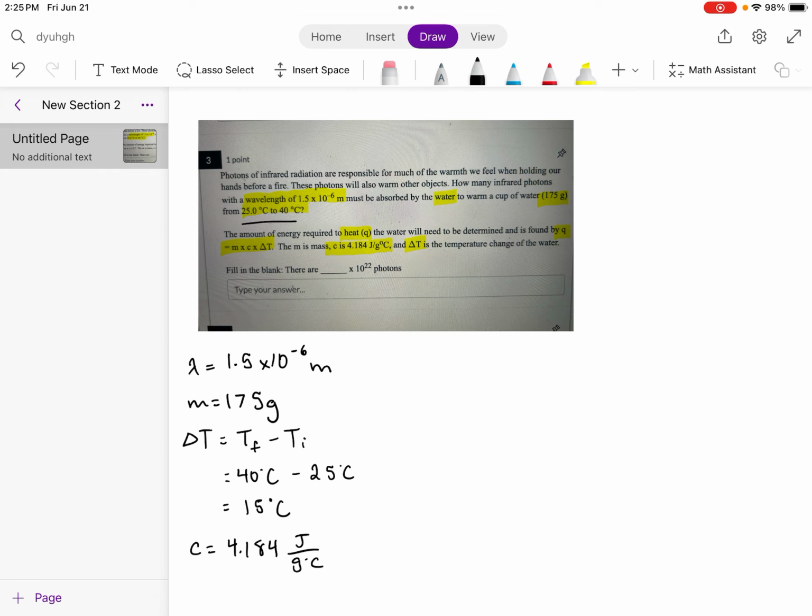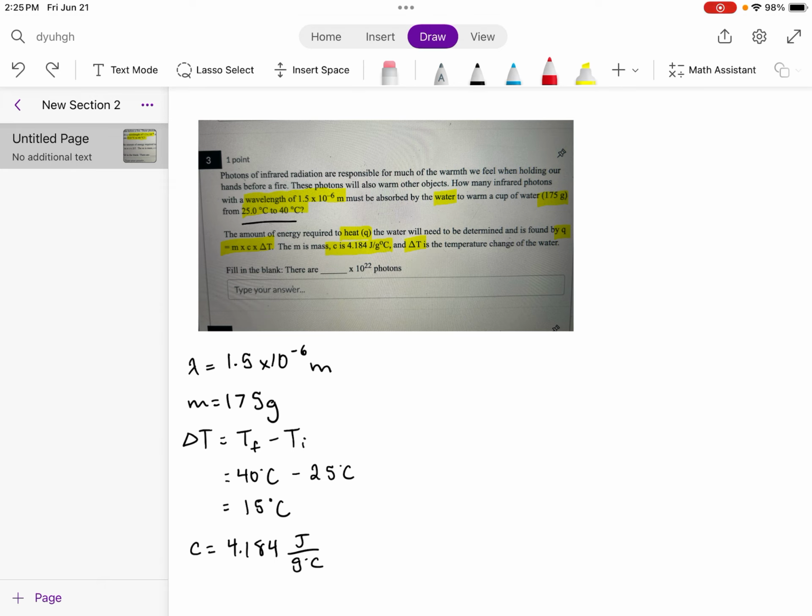Now this C, the specific heat capacity, tells you how much energy is needed to heat 1 gram 1 degree Celsius. So for water, to heat a gram of water by 1 degree Celsius, you have to use 4.2 joules of energy. And this is different for every material.